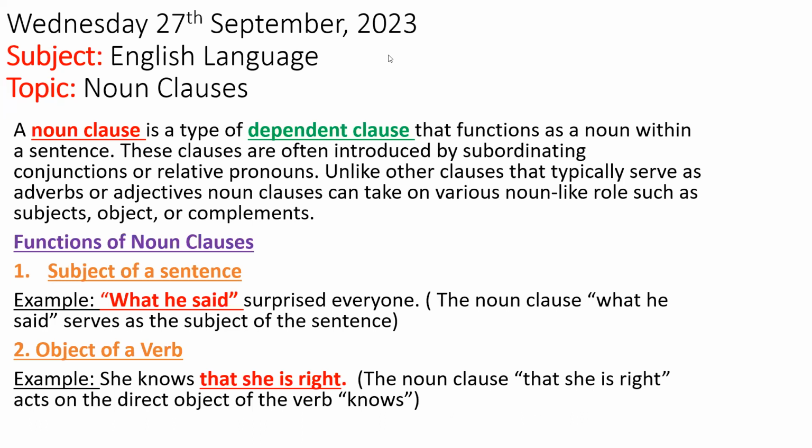All right, Gianna, what is the noun clause of the first example? It's what he said. What he said, very good. And Kenrick, what is the noun clause of the second example?